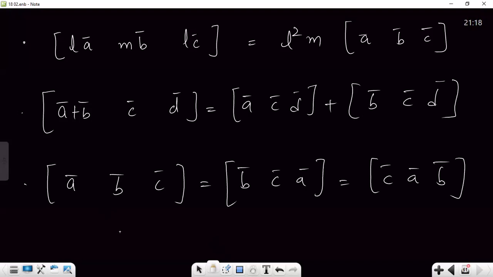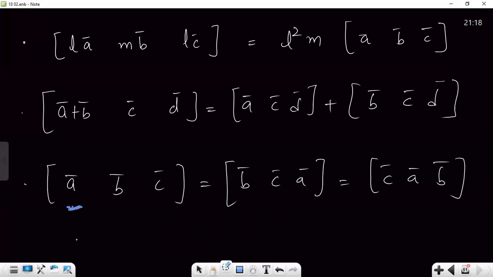If I don't do it cyclically, then the minus sign will be there. These are some properties. All the properties of determinant will be applicable.